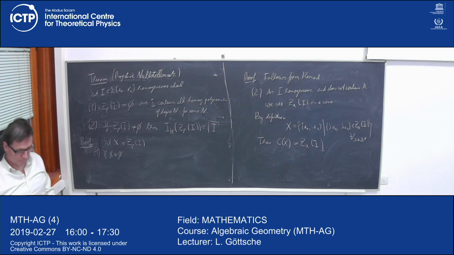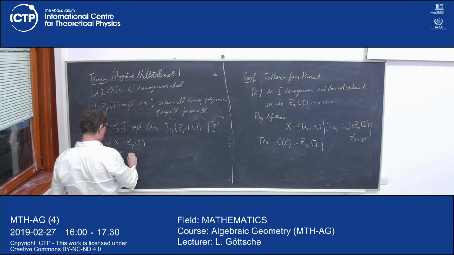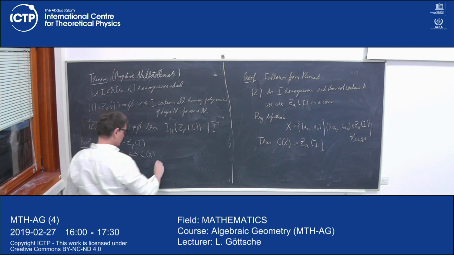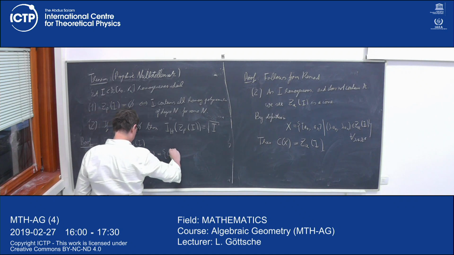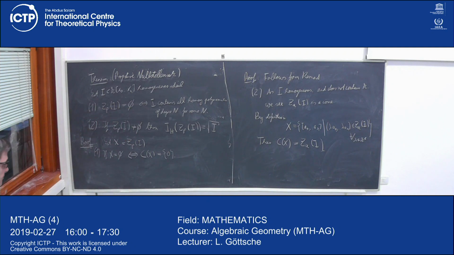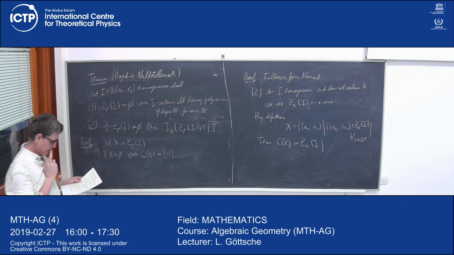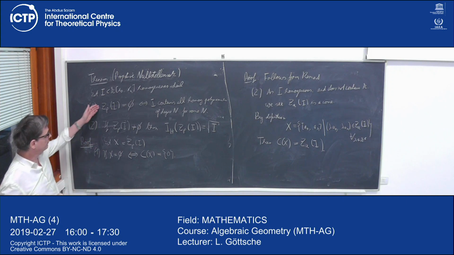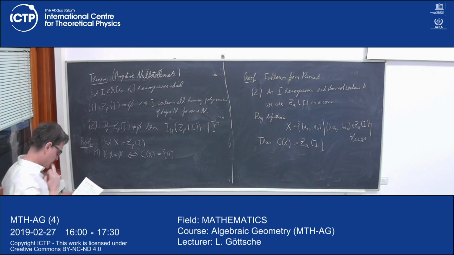So what's the cone of the empty set? Then it follows that the cone of X is equal to 0, because you have added the 0. And somehow this now will be responsible for this difference.